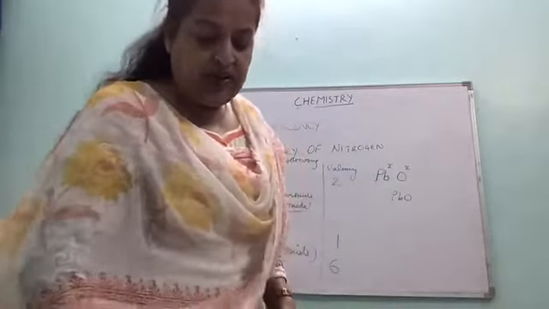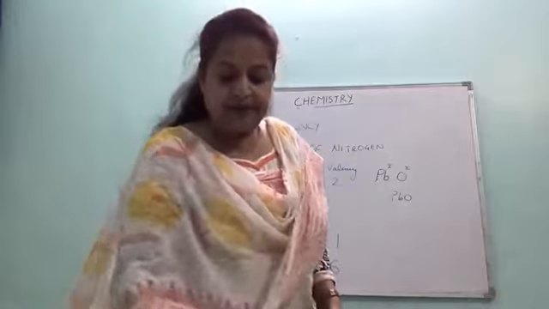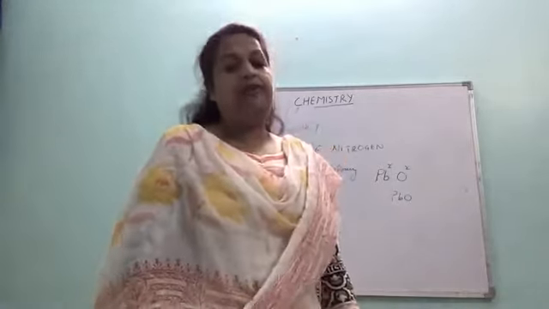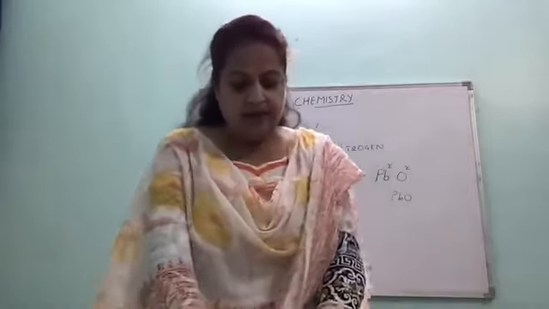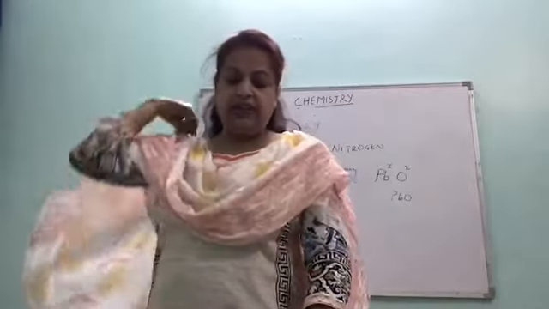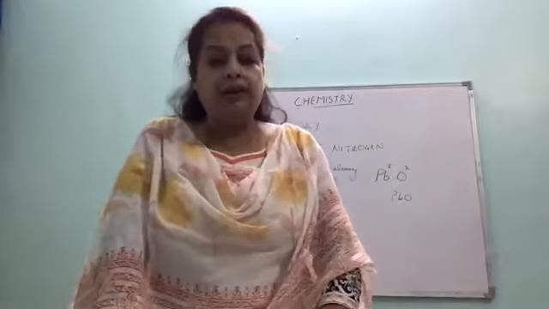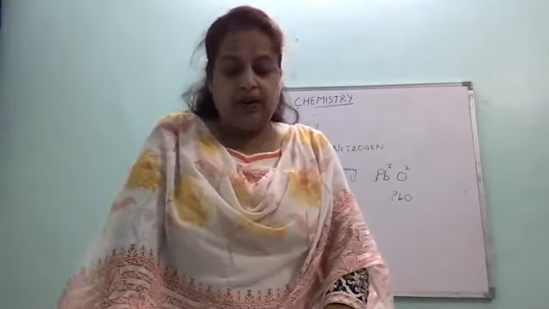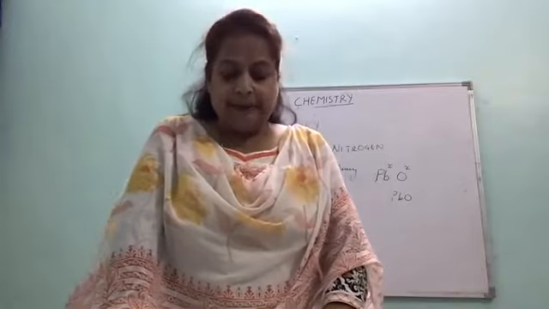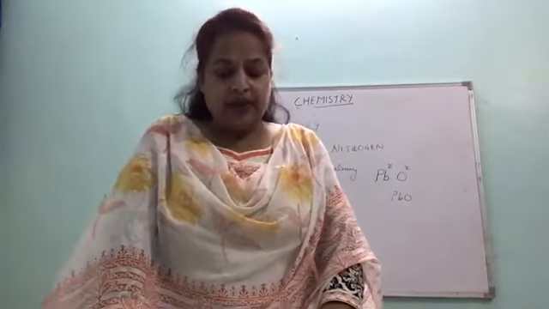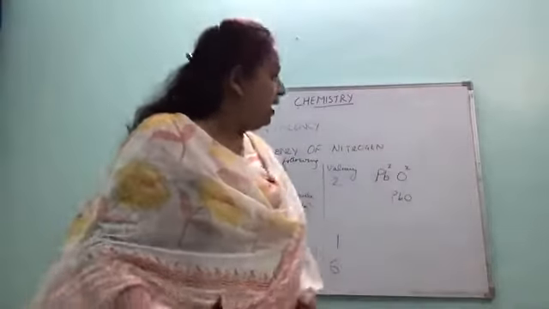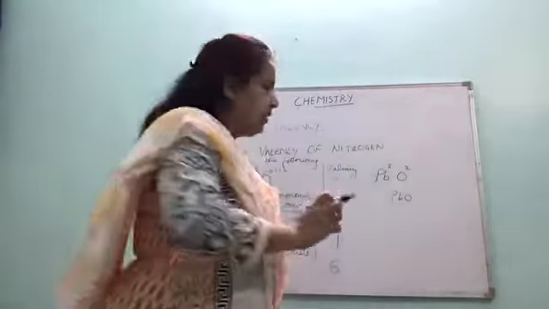In the question answers of this chapter, there is question number 12. I'll just read the question: write the formula of the following compounds. This should be done by you all. It's very good practice. This would help you a lot.